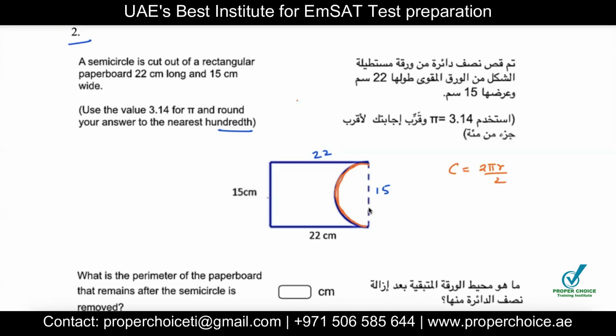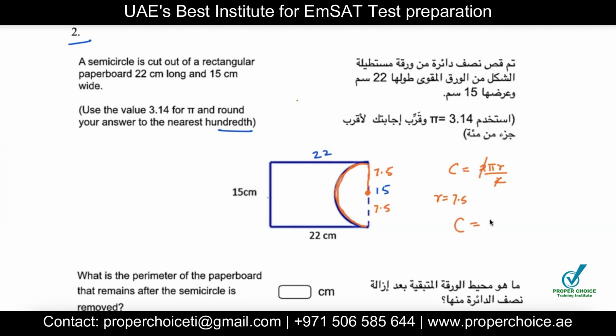Now what is the radius here? If the entire length is 15, the radius is basically from the center to this line. So if we divide 15 by 2, the radius is going to be 7.5. This side 7.5, this side 7.5. So I take the value of r as 7.5. Now substitute here. C is equal to, simplify the 2 and 2 here.